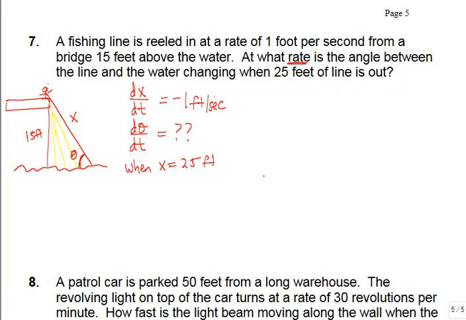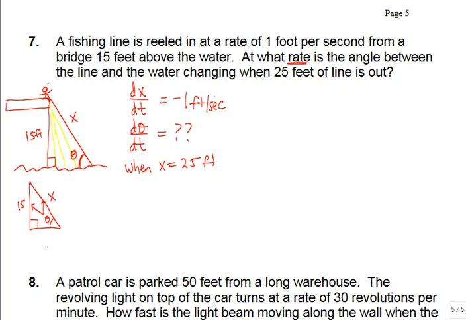Now we need to figure out some kind of equation that's going to relate our x and our theta. In order to figure that out, look at what we have over here. This is a right angle, so we have a right triangle where we know this side is always 15, the hypotenuse is x, and this angle is theta. In relation to that angle theta, we know the opposite side, and we want to know about the hypotenuse side.